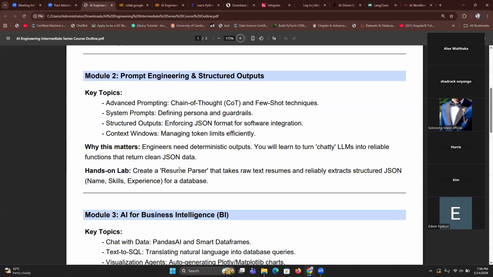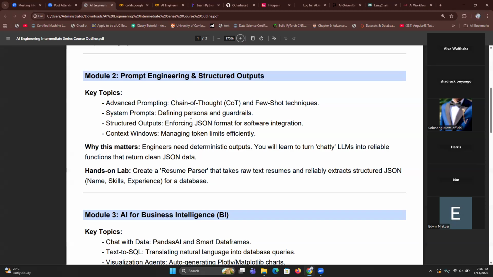Because a lot of people are using these AI products, we need people to actually write proper inputs so that they get proper output. That is basically what we're going to discuss in detail about prompt engineering. These are very important components for every AI engineer out there.